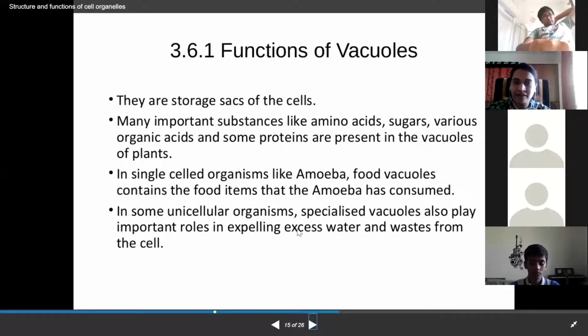In plant cells, they contain the cell sap. Single-celled organisms like amoeba have food vacuoles in which the food is consumed. In some unicellular organisms, vacuoles play important roles like removal of excess water and waste from the cell.